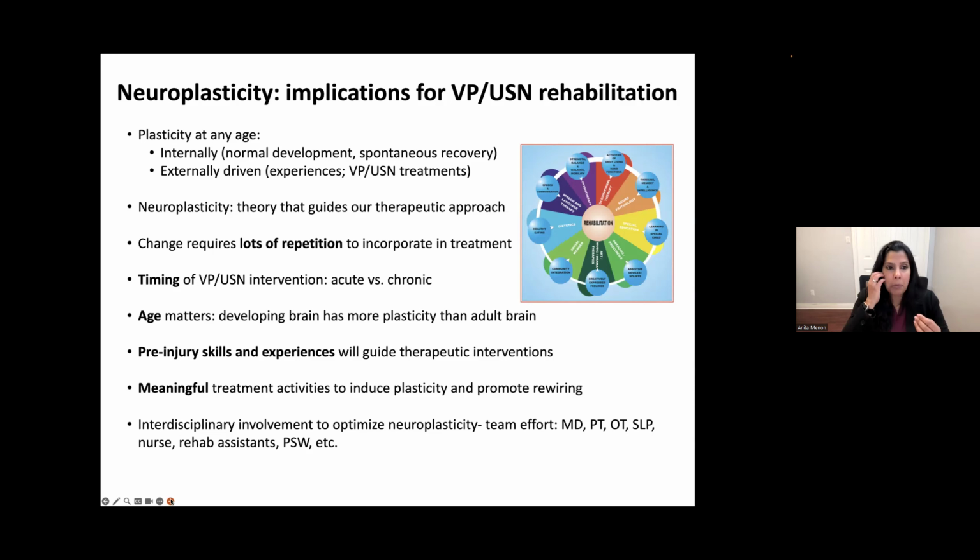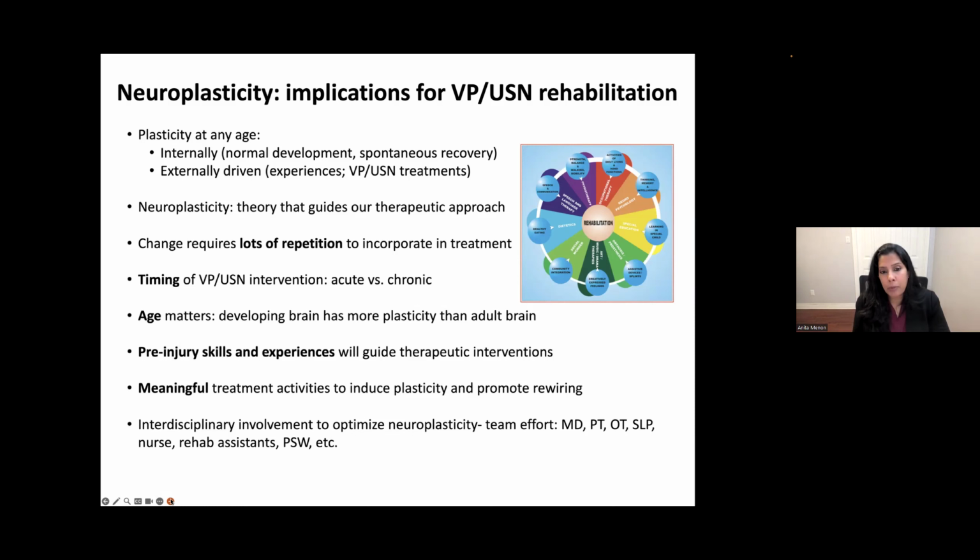But it can also happen more externally, or be driven through our rehab offerings. And what is critical with neuroplasticity, as you saw, is that repetition is very important. So lots of repetition, really ensuring that whenever we think about providing treatment interventions, it's done very early on. And so you'll see that that's an important factor.